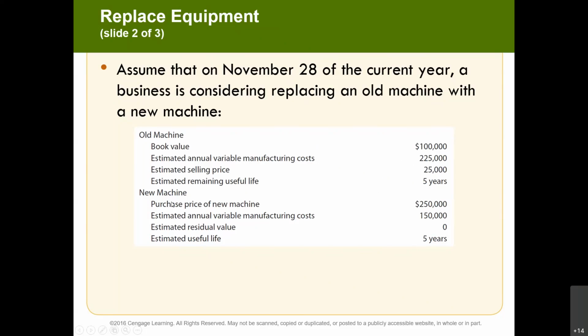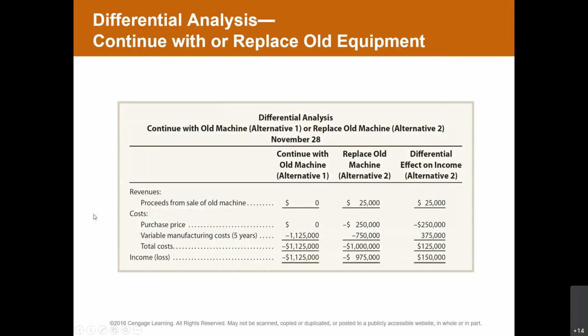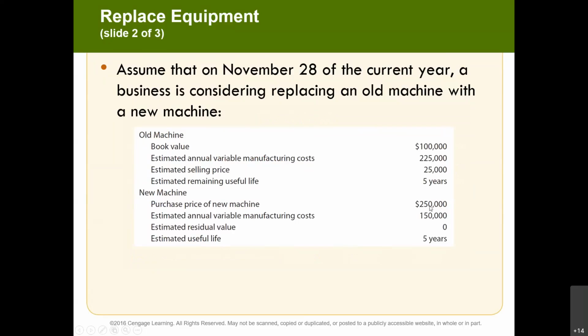So let's take a look. It's an interesting decision. If we continue with the old machine, obviously we wouldn't sell it because we're going to keep using it. The variable manufacturing cost would be minus $1.125 million for the 5 years, because this is annual.